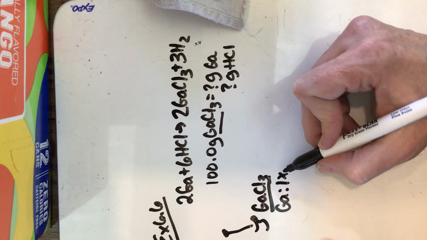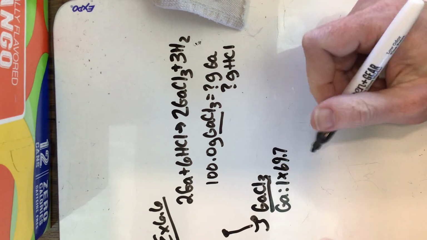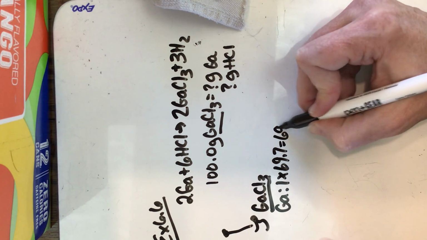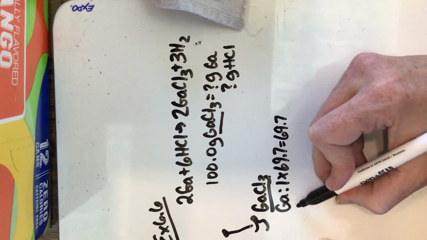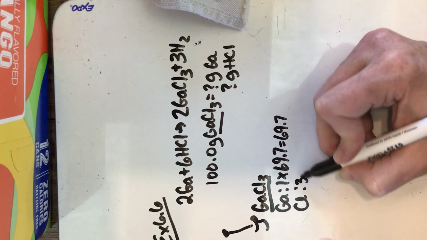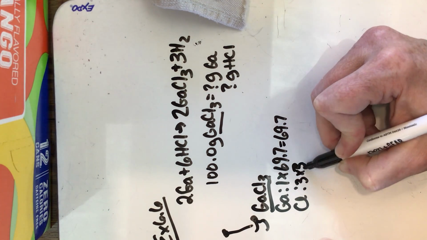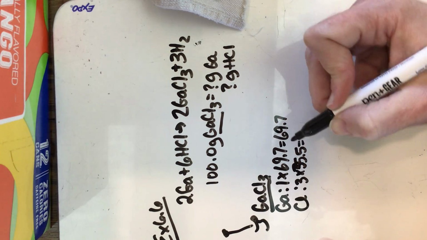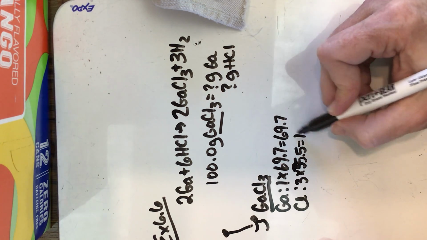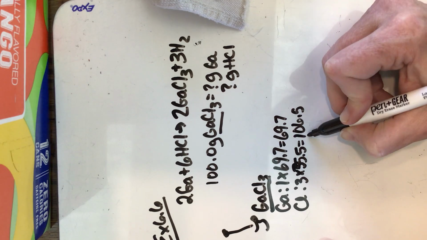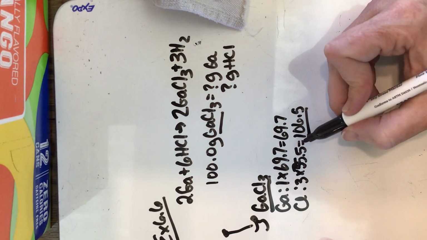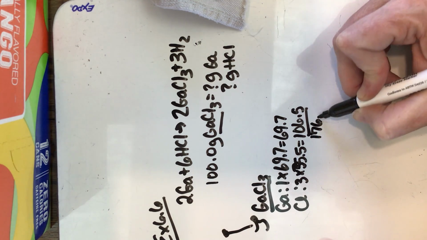I have one of those and it is 69.7 AMUs. And chlorine, there are 3, and they are 35.5 each, which is 106.5. I add those together and I have 176.2 AMUs.